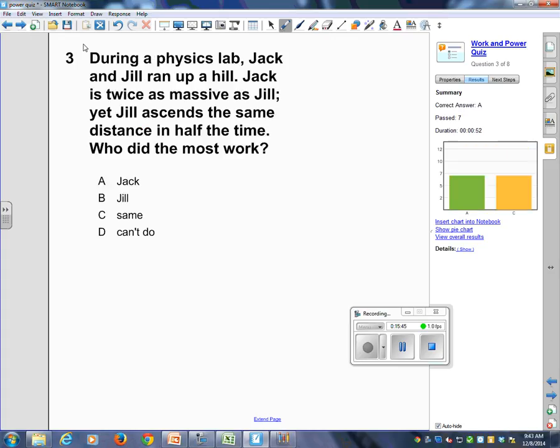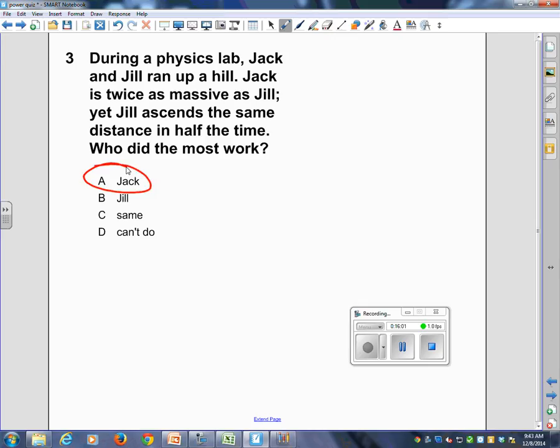Jack and Jill ran up the hill. Jack is twice as massive as Jill, yet Jill ascends the same distance in half the time. Who did the most work? Why is it Jack? They ran up the hill. Jack is twice as massive, which means he needs 2 times as much force, right?